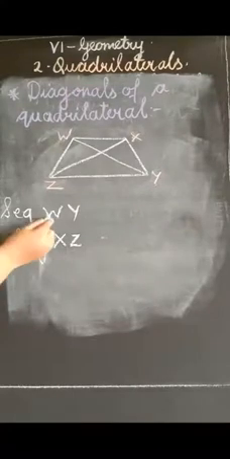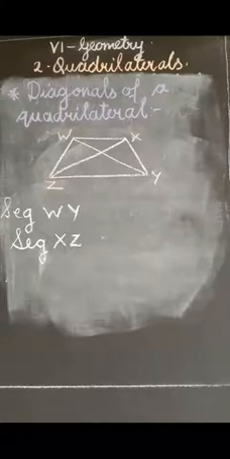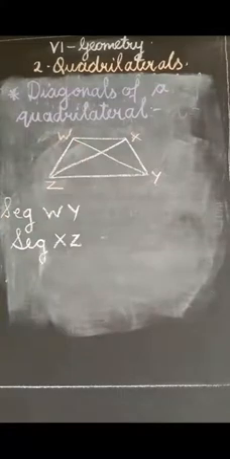So, did I get these two segments which are joining the opposite angles? So, the line segments which join the vertices of the opposite angles of a quadrilateral are called diagonals of a quadrilateral. So here we have two diagonals.